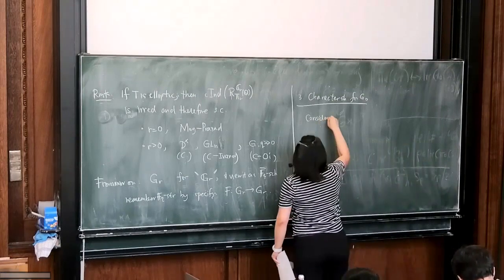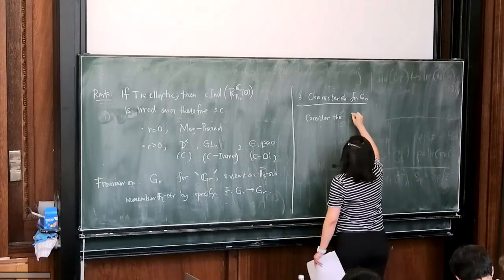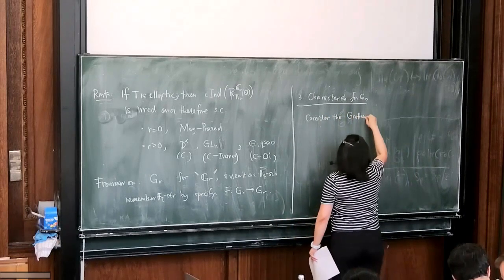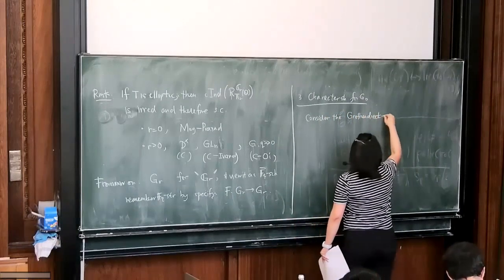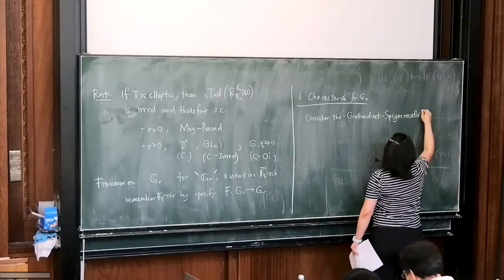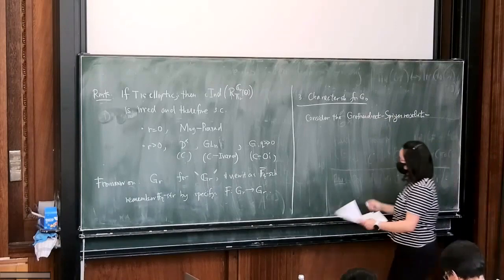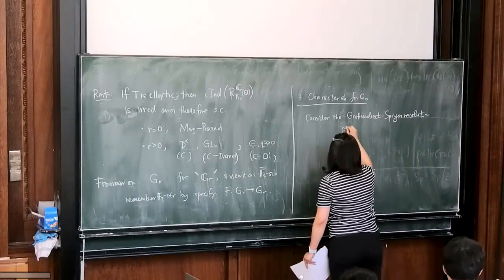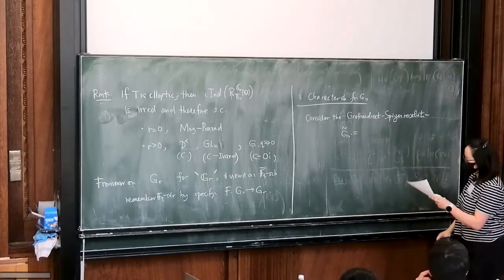So consider what's called the Grothendieck-Springer resolution. I'll define it for you. I'll call it G0 tilde. And this is given by the following thing.